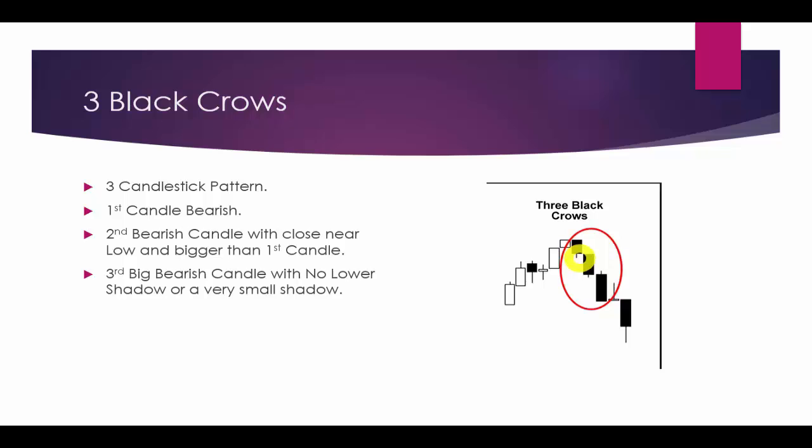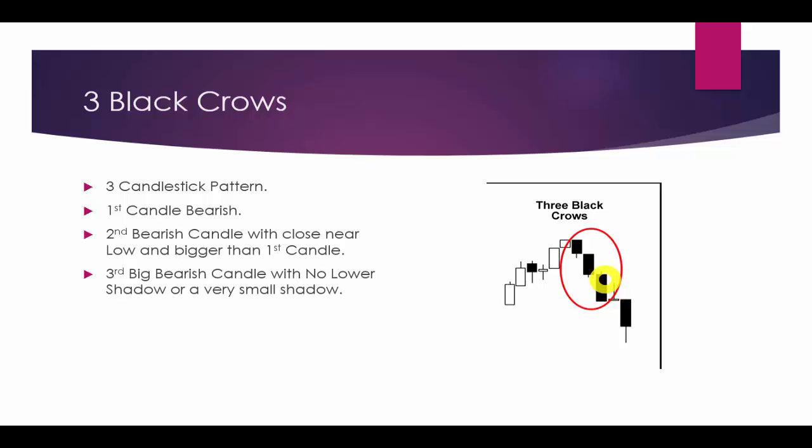Once again, the first candle is bearish after the strong uptrend, the second candle is also bearish, better if its close is near low, and the third candle is bearish with no lower shadow.